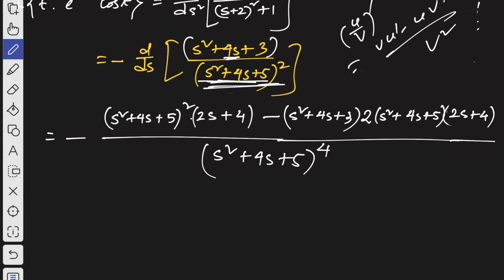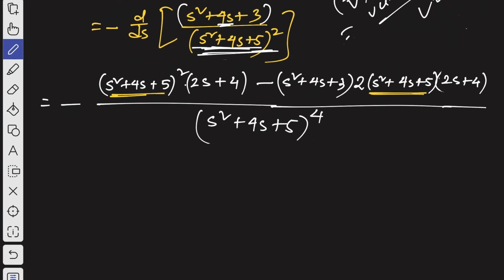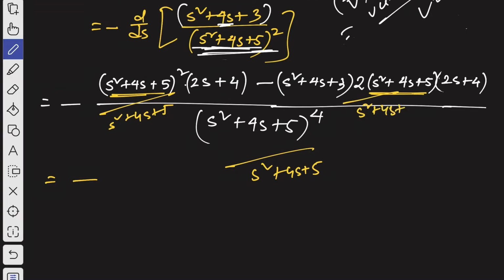So I hope you have understood this. Now we can take common here; this and this should be taken common and cancelled. Or you can consider that the numerator and denominator are both divided by s square plus 4s plus 5.